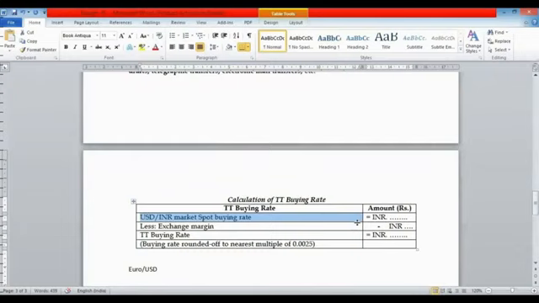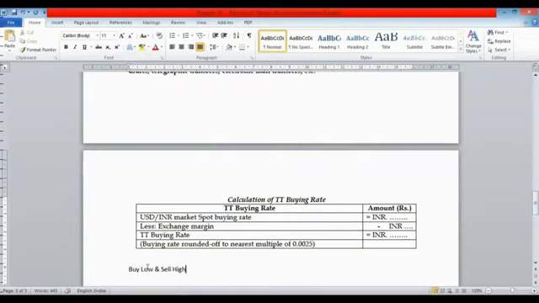See, the bank is buying. So what will the bank do? The bank will follow one rule: buy low, sell high.